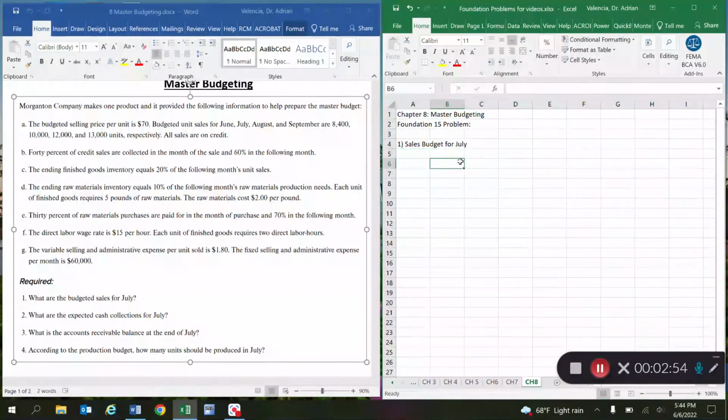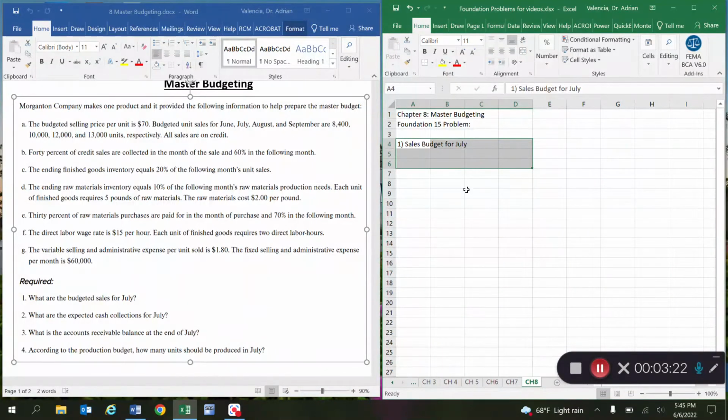Until we have some expectation of what we're going to sell or how much revenue we're going to generate, we really don't know what kind of resources we need. So many times the marketing folks will go out there and perform tests and give us information on what they expect the sales volume to be, and based on that information then we can start our budgeting.